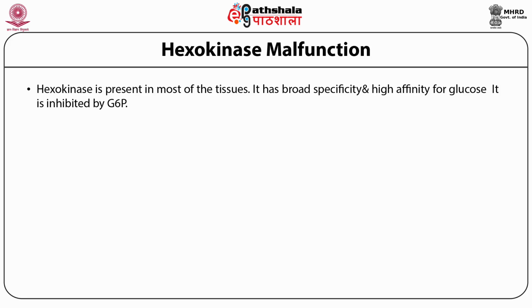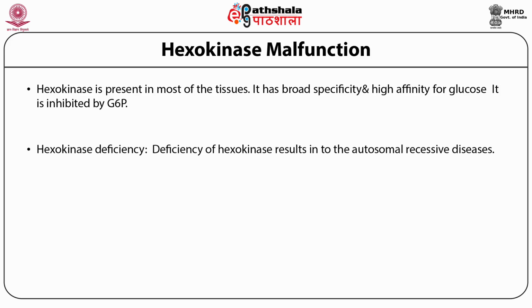It has high affinity for glucose. It converts glucose into glucose 6-phosphate during low blood glucose level. It has low Vmax, so it cannot phosphorylate a high glucose quantity. It has low capacity for working on glucose. It is inhibited by glucose 6-phosphate.